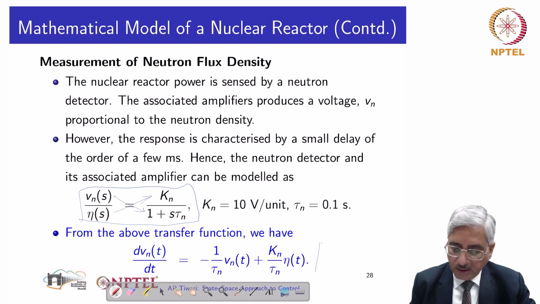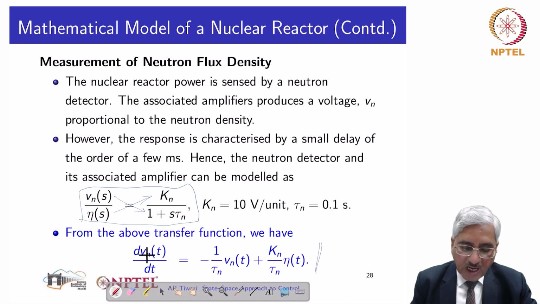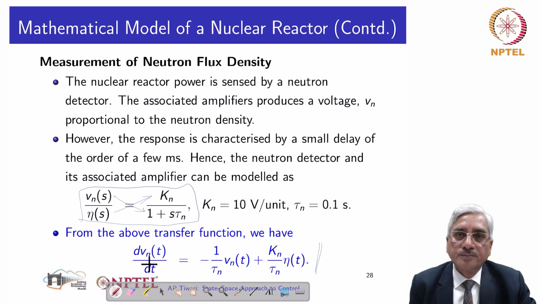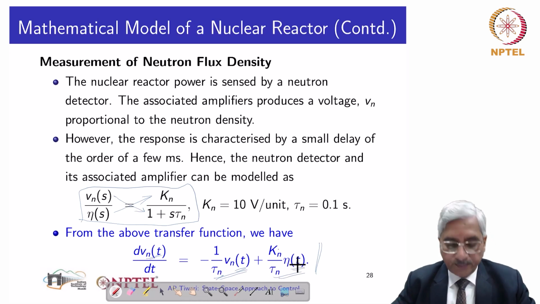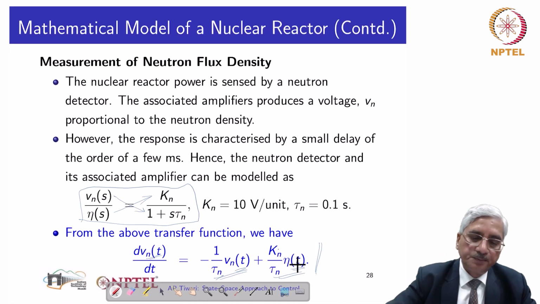So we get this one. Time rate of change of this output voltage of the amplifier equals -1 by its time constant into the voltage plus k by tau into neutron density eta. It comes into this form.